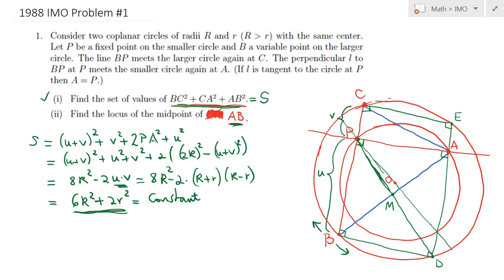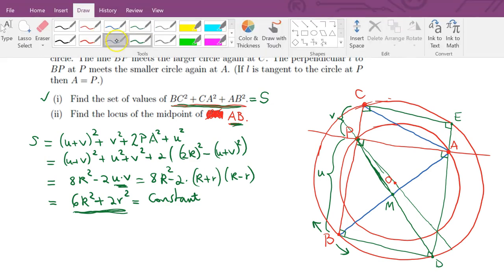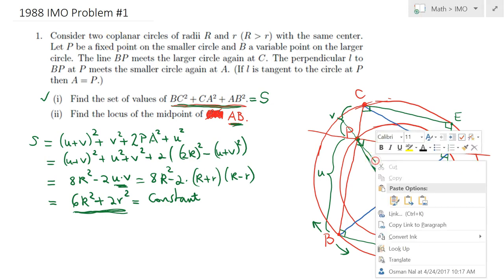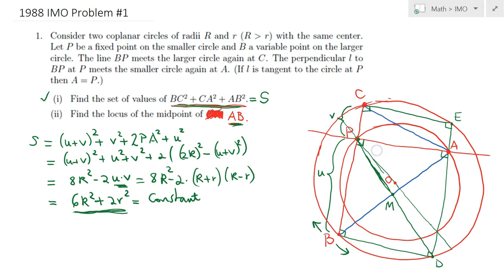But interestingly, the key observation is that it's really the midpoint of line BC where the center of that circle can be, right? So this distance is equal to that distance, and this point here, which we can call Q, we claim Q is the center of that circle which goes through M.